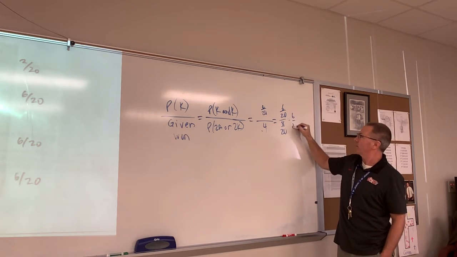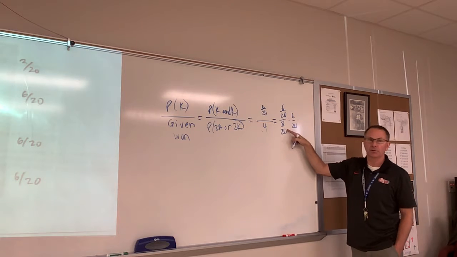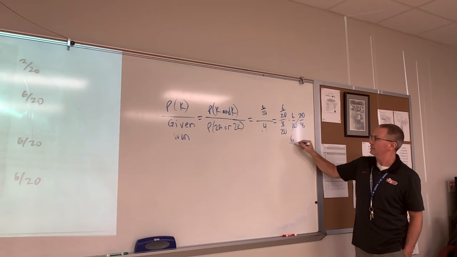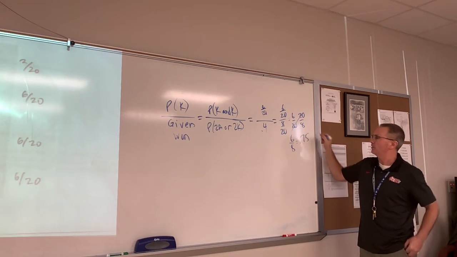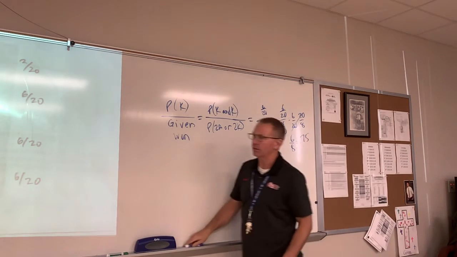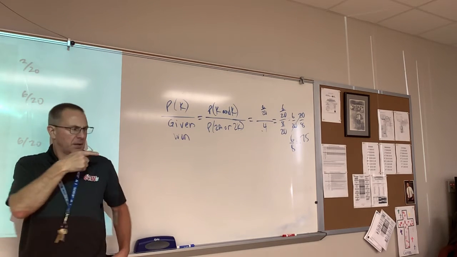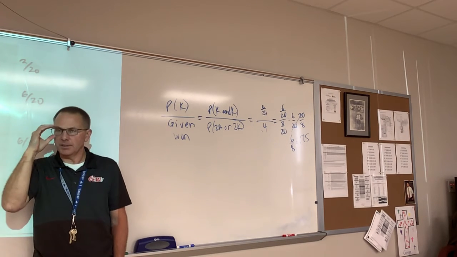Take the top fraction times the reciprocal of the bottom. The 20s cancel out, that's 6/8 or 0.75. You can use your calculator for all that stuff. You don't have to do it like that. So on the paper I showed, it says 0.75.